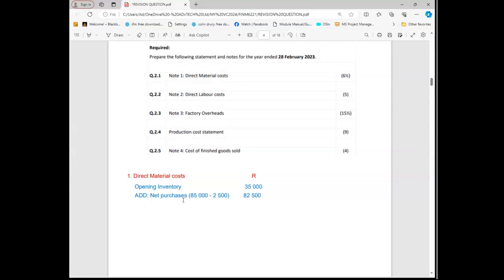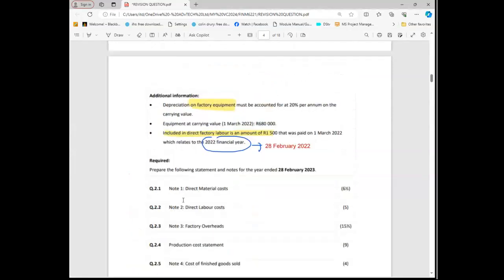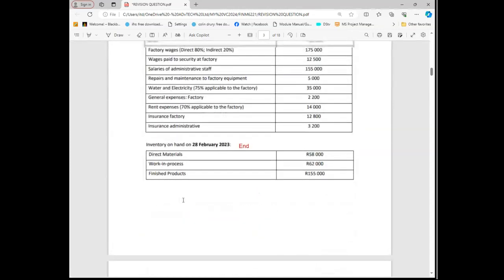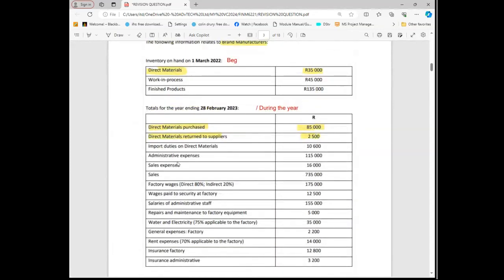Any costs related to purchases, we must go and check the information up there and check if there are any costs which we incurred during the process related to our inventory. Remember, inventory in this case is material. When we bought our material, do you think there's any cost associated with the material that we bought?